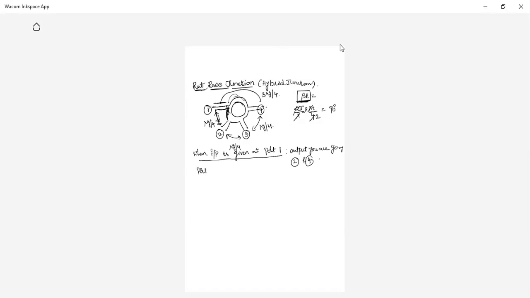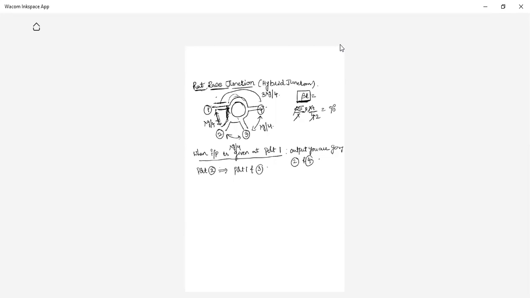If I am giving the input at port 2, it is divided equally in port 1 and port 3. If I give input at port 4, the output you can expect is in port 1 as well as in port 3. Equally it is distributed. Okay. What about the other port? In the other port, nothing you are going to get. That's the thing you have to understand.